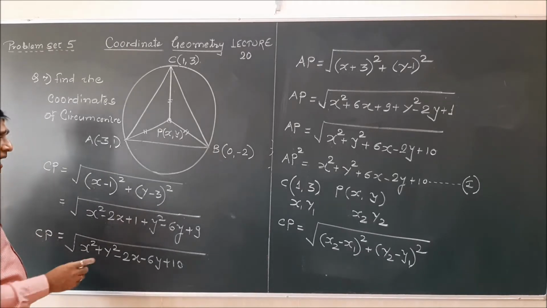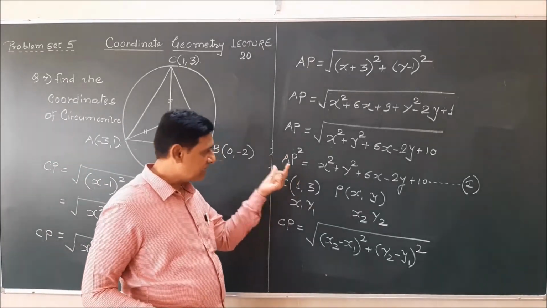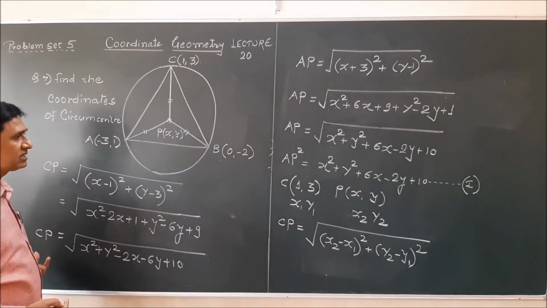But as we have done in the first case with AP square, in the same way I am going to square this CP.